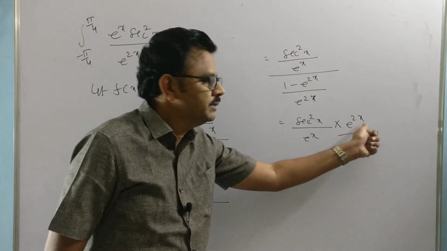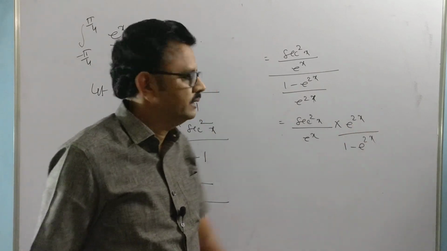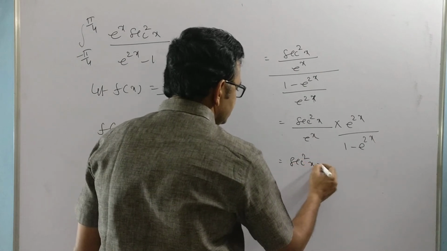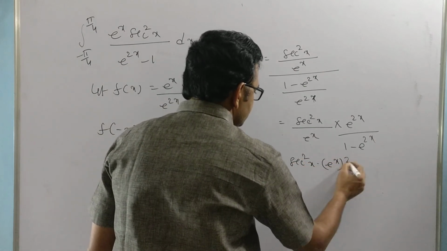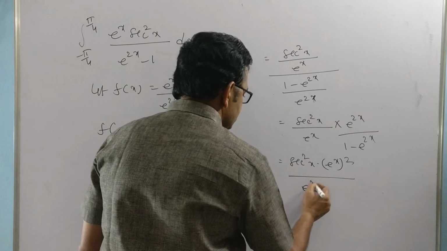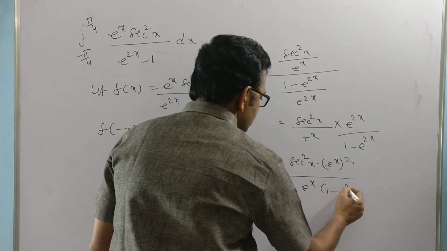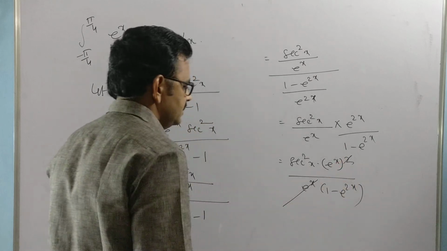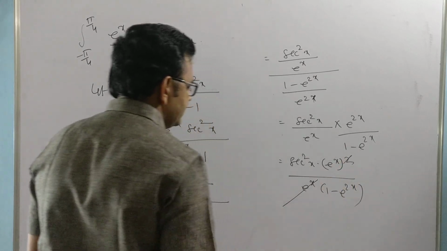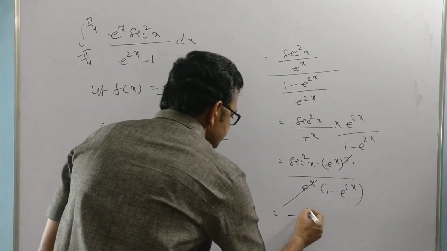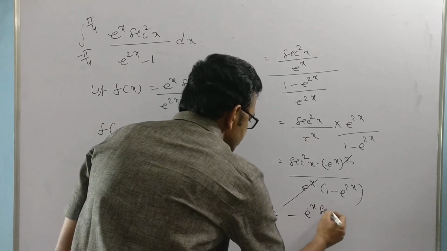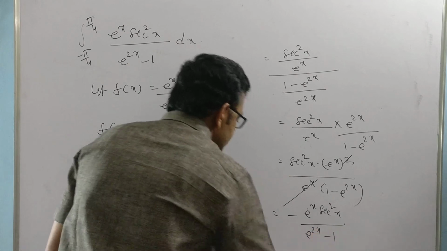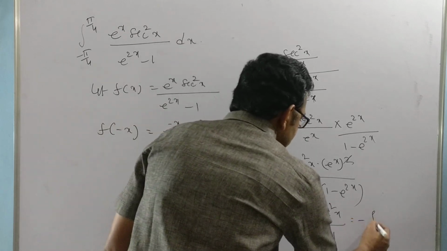E power 2x means what? E power x whole square. That is secant square x into e power x whole square by e power x into 1 minus e power 2x. E power x gets cancelled. If you take minus common in the denominator, that is equal to minus e power x into secant square x by e power 2x minus 1, which is equal to minus f of x.